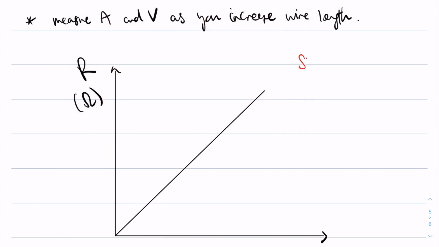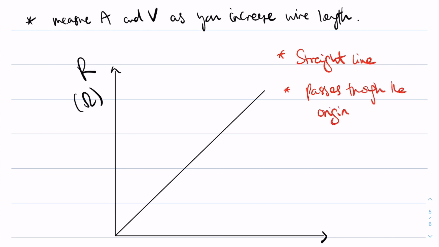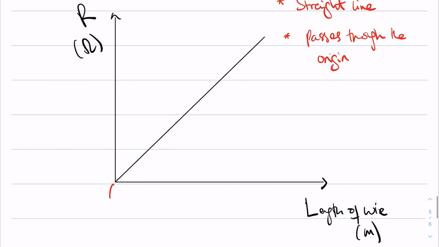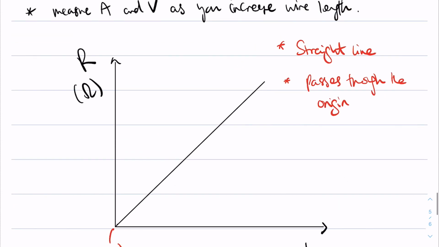Well, it's a straight line that passes through the origin. What is our origin? The origin is 0, 0, the point 0, 0. So this leads us into being directly proportional.